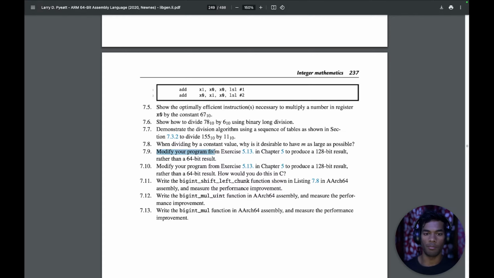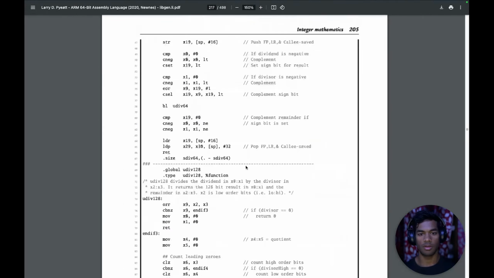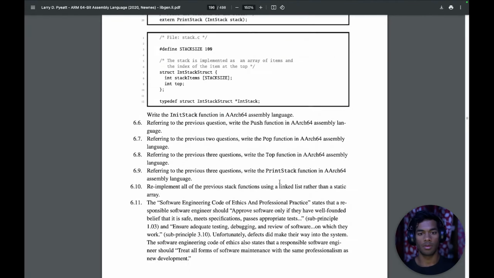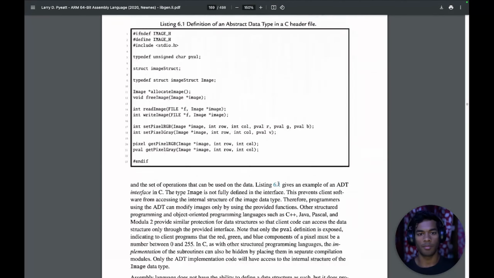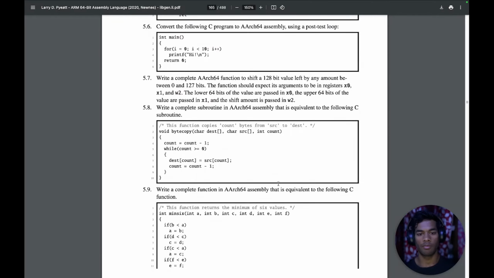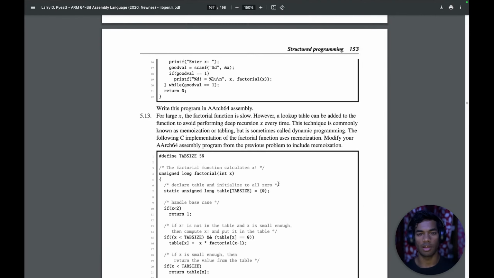Modify our program from exercise 5.13 in chapter 5 to produce a 128-bit result rather than a 64-bit result. What was the question in exercise 5.13? Exercise 5.13. 5.13 seems like the last question.